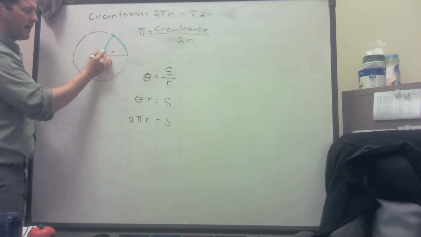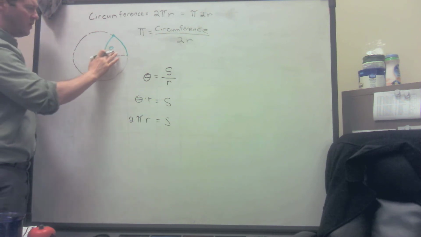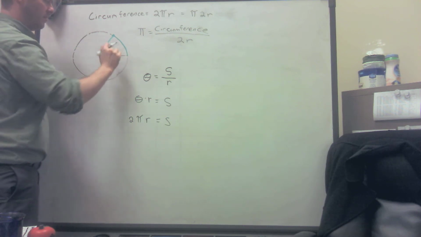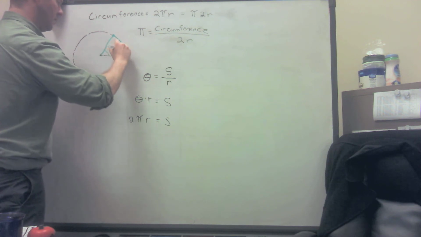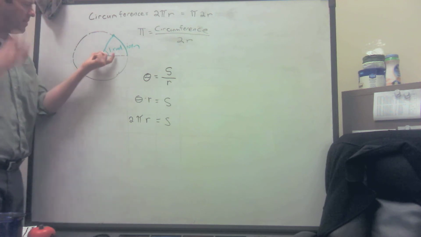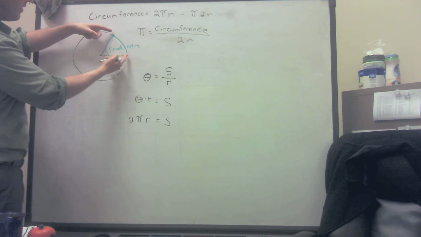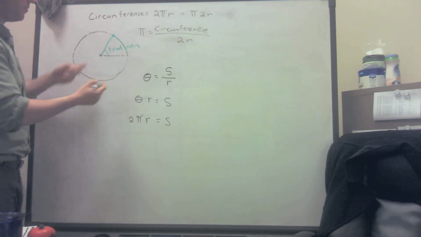That traced out an angle, theta, which we would say is 1 radian right here, in fact. So we've got 1 radian there. That's made from taking our length r and laying it out on the circumference of our circle. So that would be 1 radian.